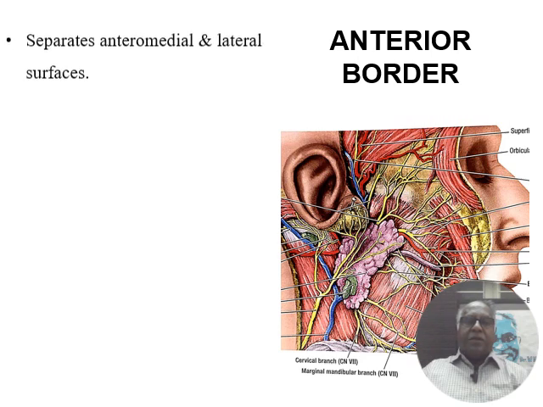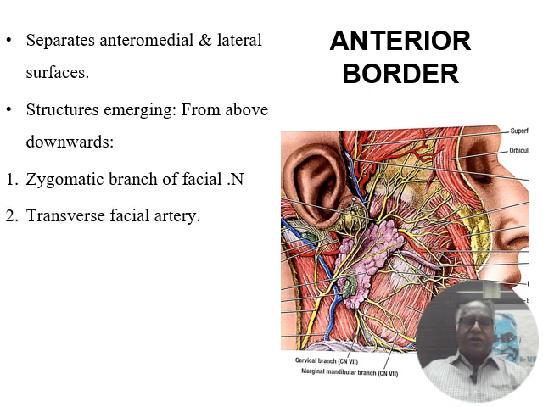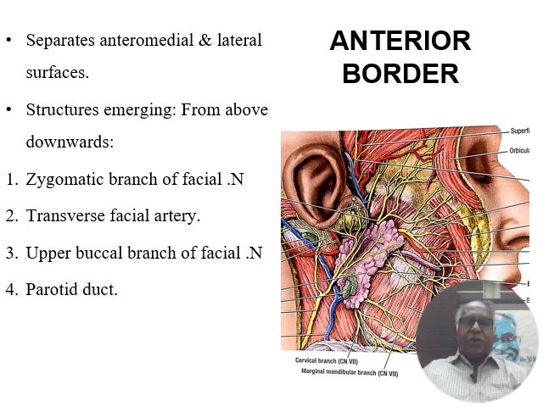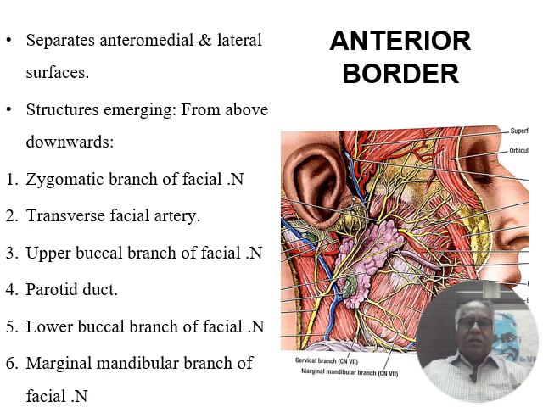Coming to the anterior border, it separates the anteromedial and the lateral surfaces. The structures emerging from above downwards at the anterior border are the zygomatic branch of the facial nerve, the transverse facial artery, the upper buccal branch of the facial nerve, the parotid duct, about which we will see later, the lower buccal branch of the facial nerve, and the marginal mandibular branch of the facial nerve.